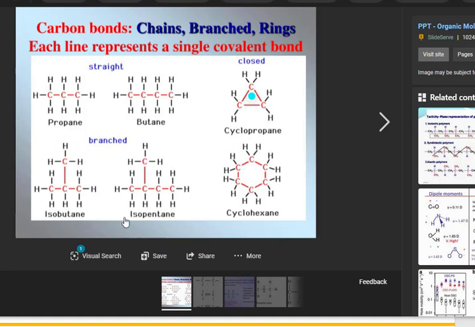So now you can see how you could get into spending 2 semesters talking about all the things that you can do with carbons. You can make rings, ring compounds. So anyway, if you have the opportunity, I would take organic chemistry because it's fascinating.